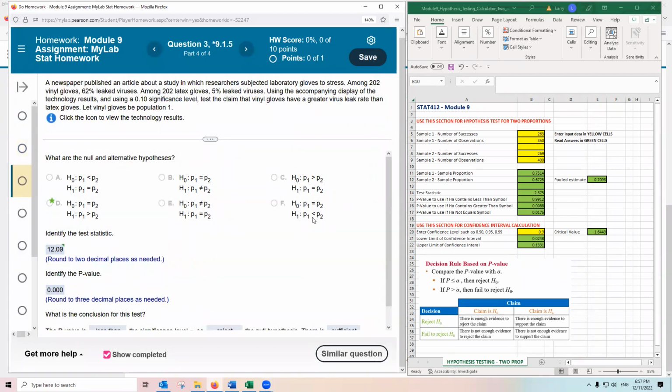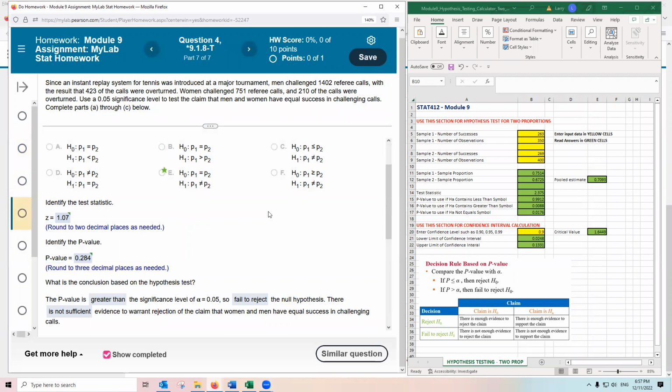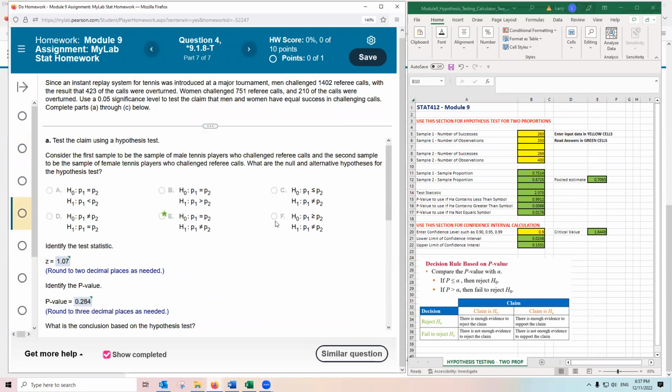All right, let's see if there's anything here a little different. Let's do this one. This is talking about people challenging referee calls. It says men challenged 1402 calls and 420 of them were overturned.